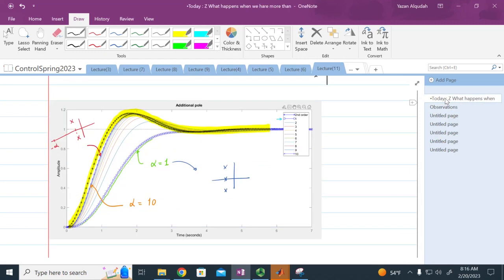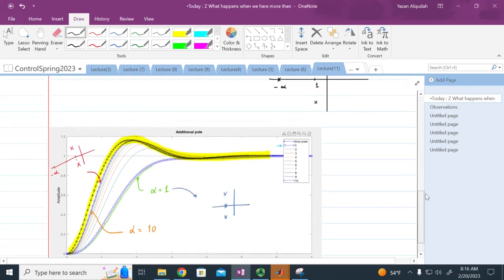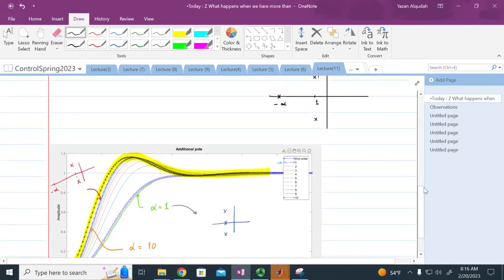And remember, why is it when we have an extra pole and the pole is at alpha that is at 10 compared to this location, we can approximate it? How is that consistent with what we discussed previously? What happens when the pole is very far from the j omega axis? It's very fast. Make sense?